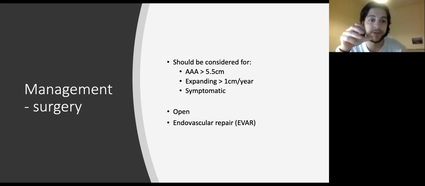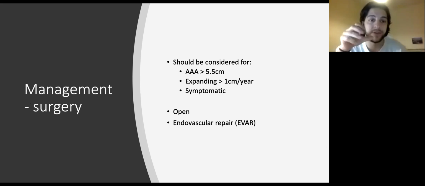Regarding outcomes, which is better, open or minimally invasive? Both of them have similar long-term outcomes. EVARs do have improved short-term outcomes, including reduced hospital stay and reduced mortality. The mortality of an EVAR is around 1.7%. With open surgery, it's around 5.5%. So that's quite significant.